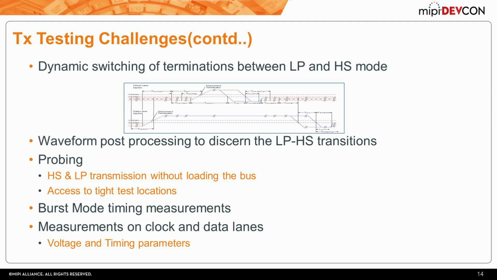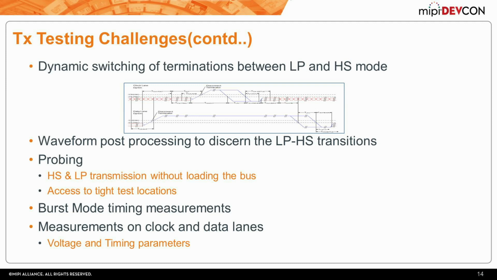And if you see this diagram closely, there are a bunch of timing parameters, and of course 2 different modes, LP and HS. First thing we need to do is decode which region you need to perform the measurement on, which needs a slightly sophisticated algorithm on the scope, if you're using one, to discern these regions first, and then perform the measurement.